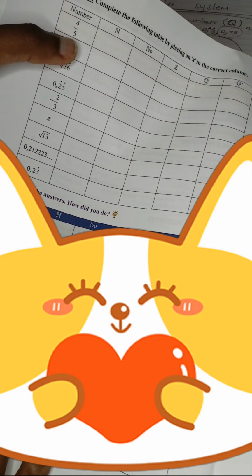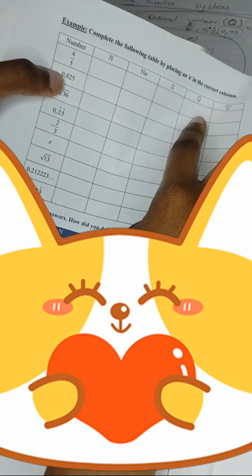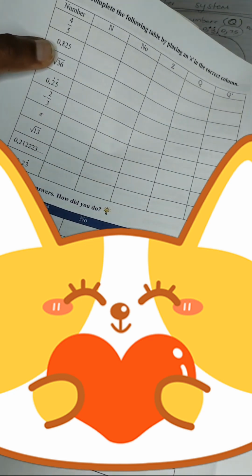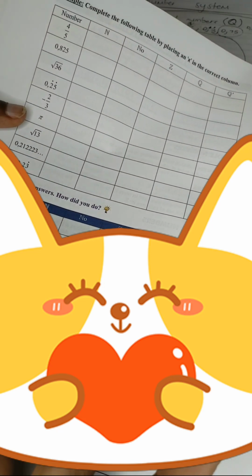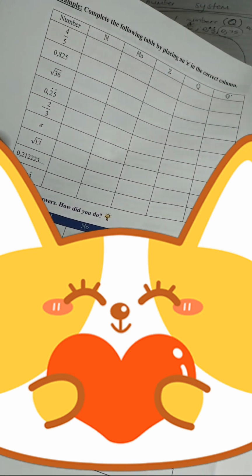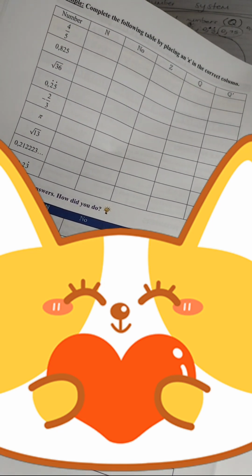So what you do is you look at the number that is given there, and then you tick. If it's a natural number, you place your X there. If it's a rational number, you place your X there. Now remember, a number can be both. A number can be a natural number and a whole number at the same time.